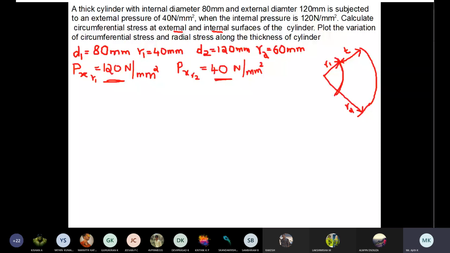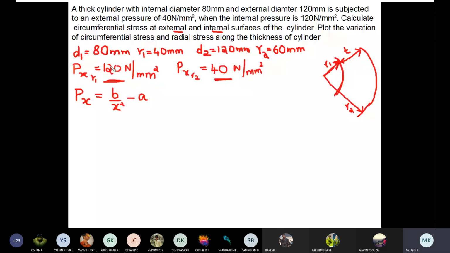Px at inner surface is given, Px at outer surface is given. We have two equations, Lame's equation. Px is equal to b by x square minus a. Let me consider this as the first equation. When x value is R1, at the inner surface, the value of Px is 120.